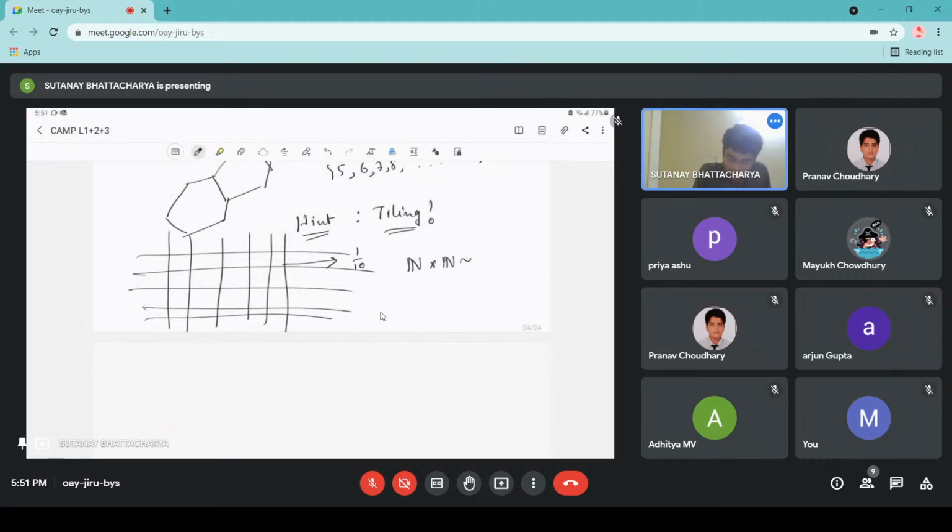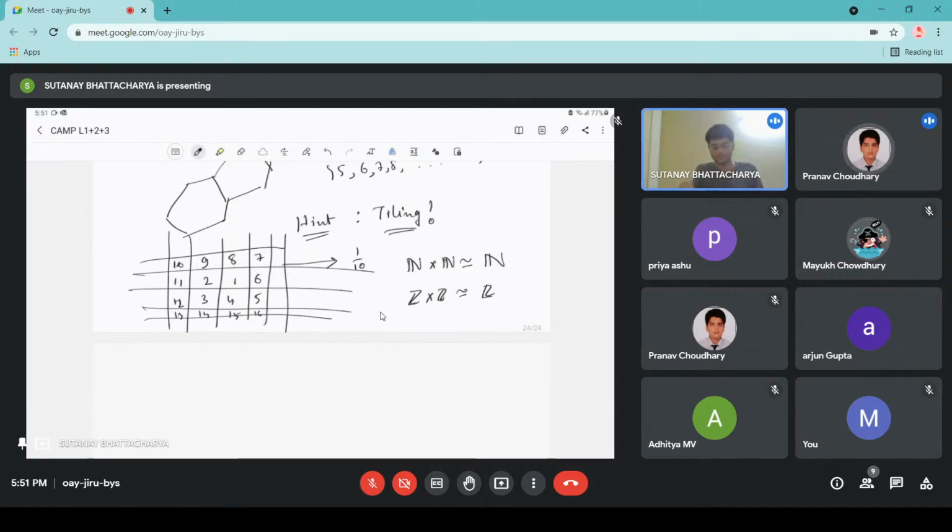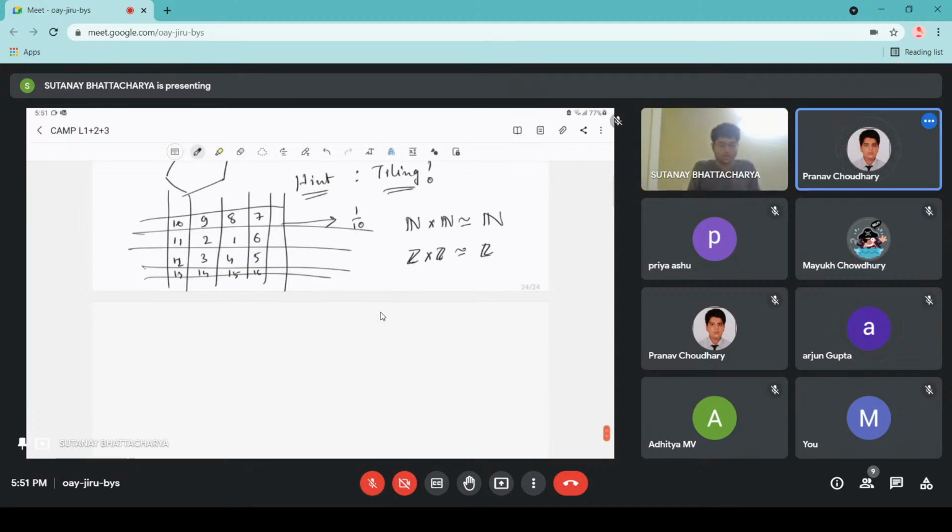N cross N is bijective with, sorry, yeah, N cross N. And since N is equinumerous with Z, Z cross Z is also bijective with Z. Oh, so we basically project from N cross N to Z cross Z. Yes. Effectively, if you have a countable list of colors, you can start here and spiral around in this pattern, and it should be visually obvious that that eventually gets all the squares anyway, right? Yeah.